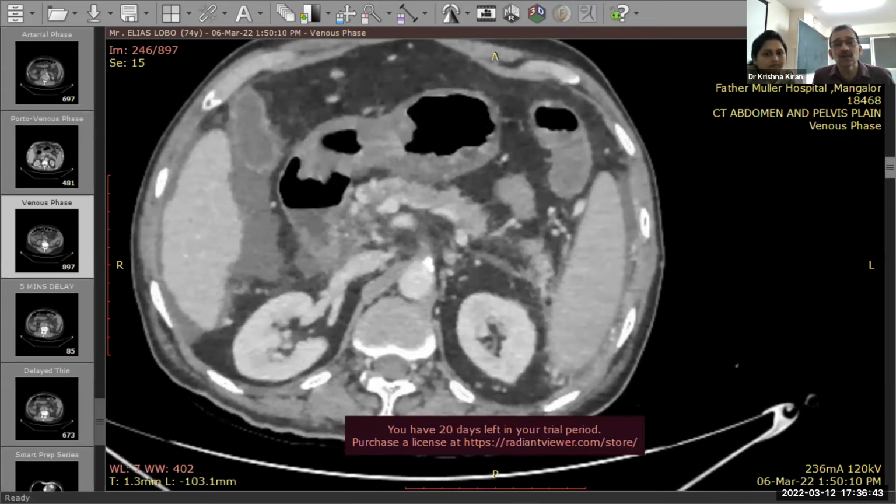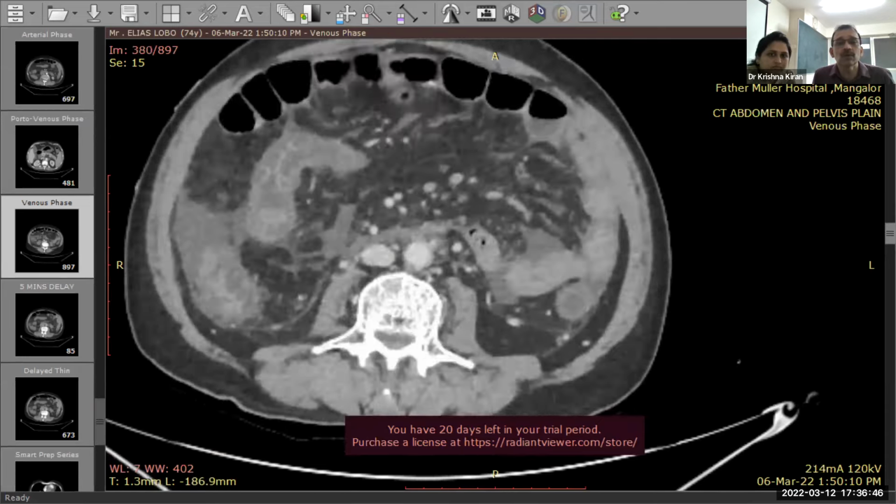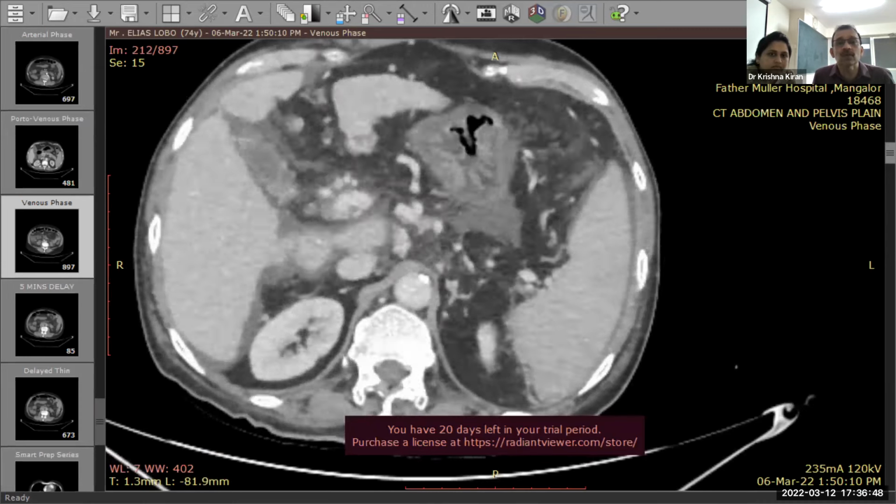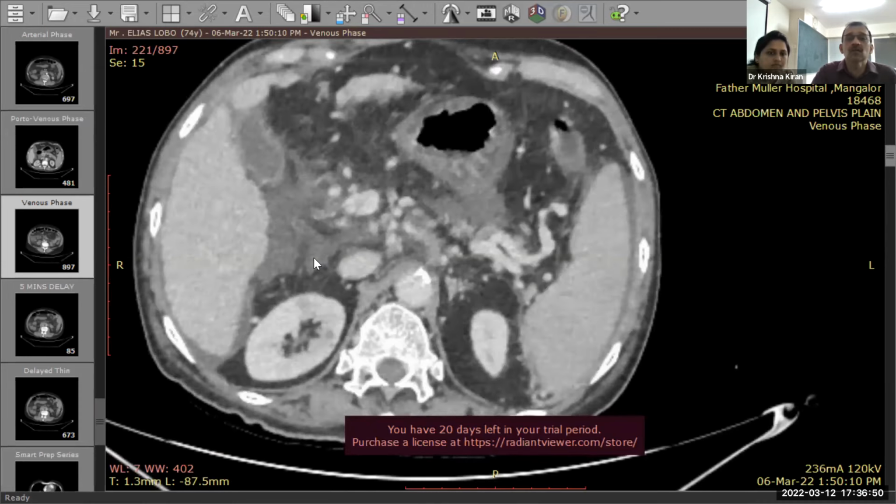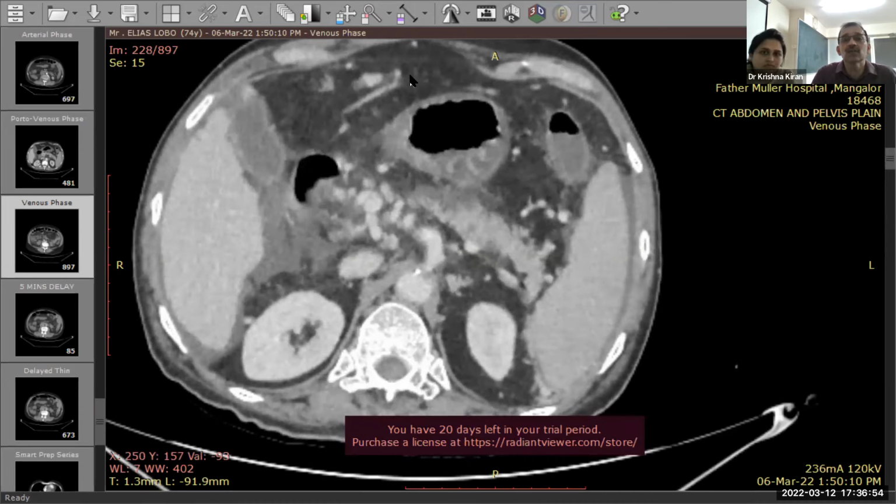Can you label what other collaterals are there? One more important one: around the gallbladder wall, there are collaterals, and also there are collaterals here. You can see these are the collaterals along the recanalized umbilical vein.